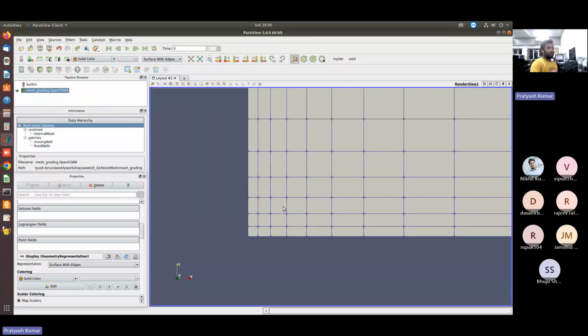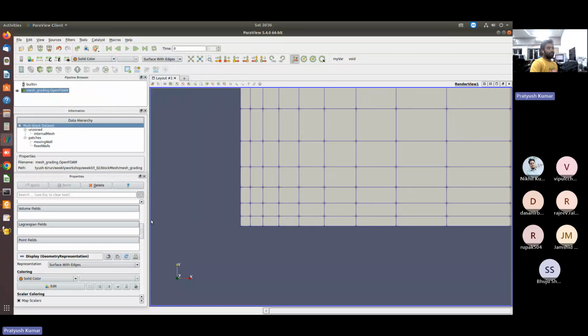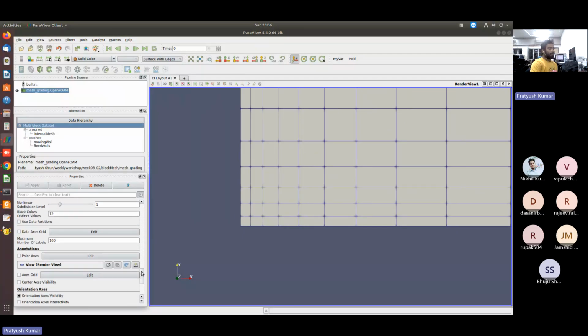If we zoom in, maybe I can show you the scaling.